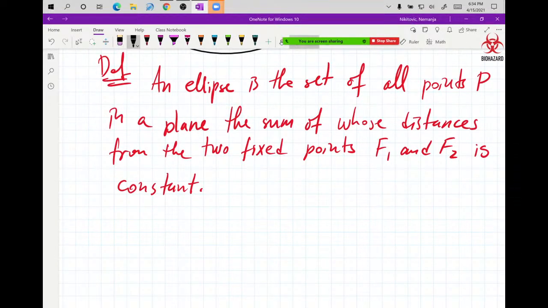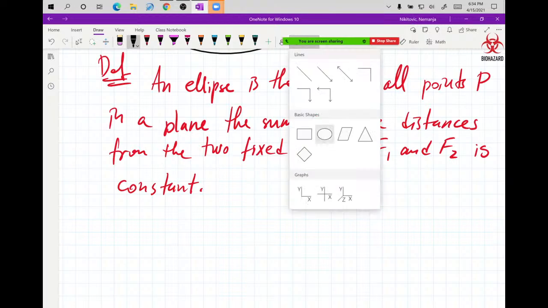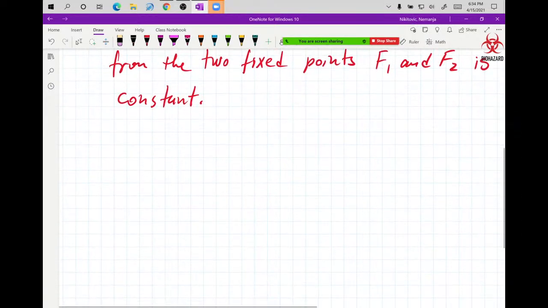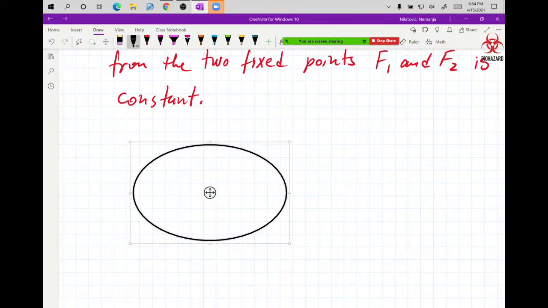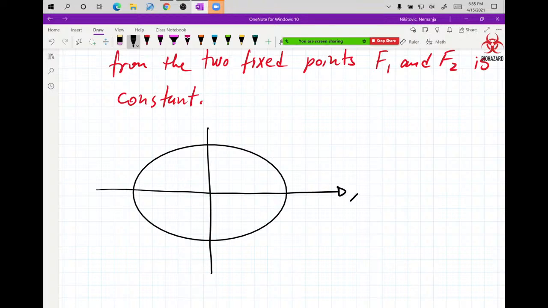Now let's take a look at this situation. So draw some kind of ellipse here and put X and Y coordinate system on it.